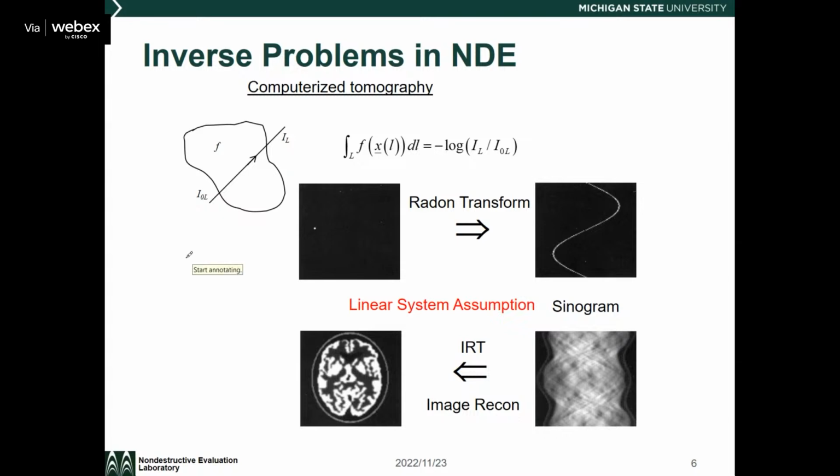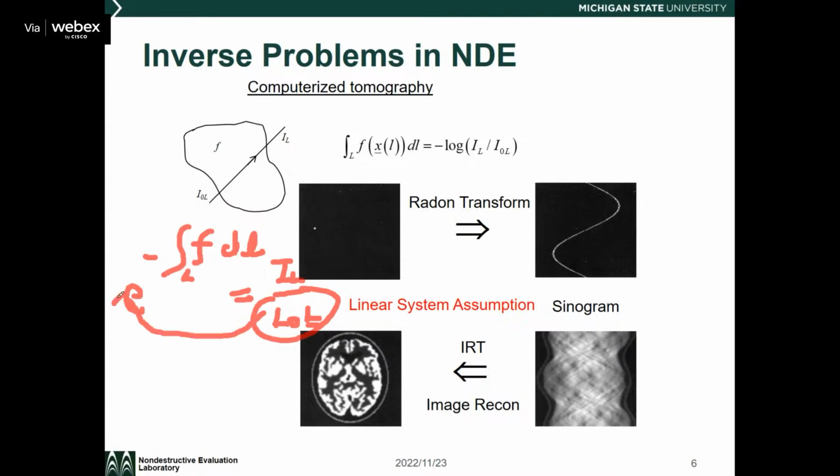this term, we can change this a little bit, right? So we can have e to the minus integration of f dl, which is the output I(L) over I0(L), right? If you move this term to the left, it tells me the output I(L) is the input times the exponential decay.